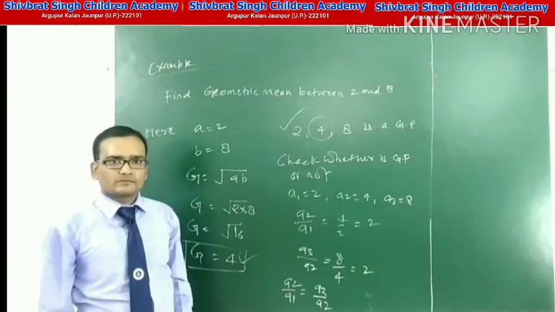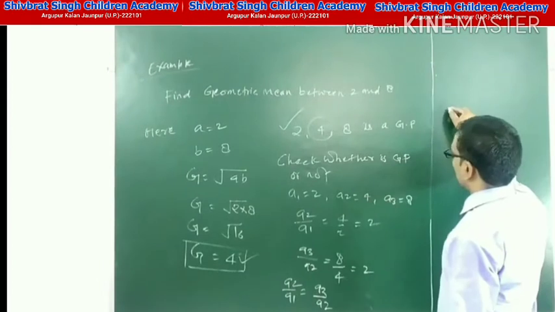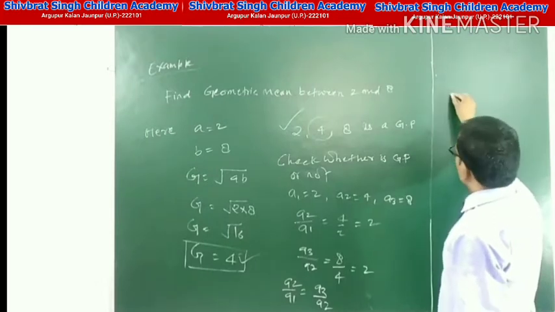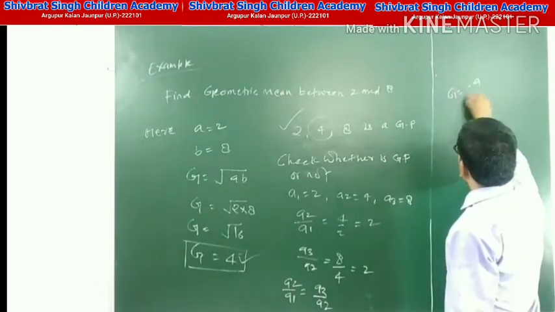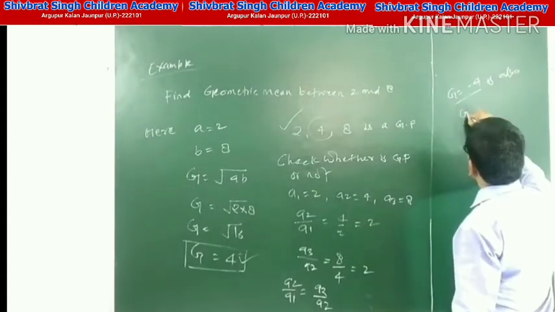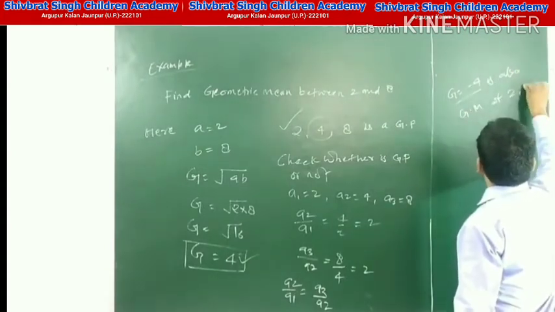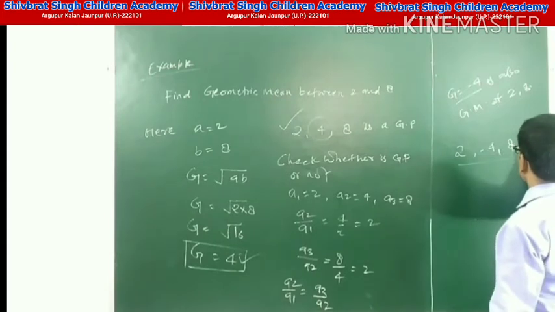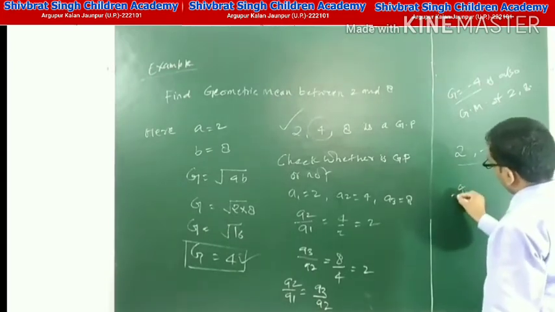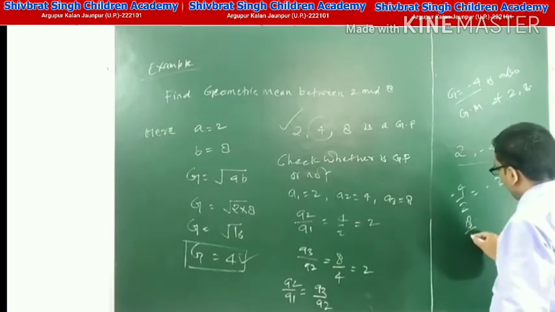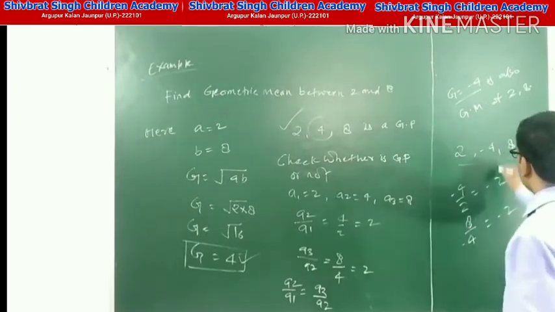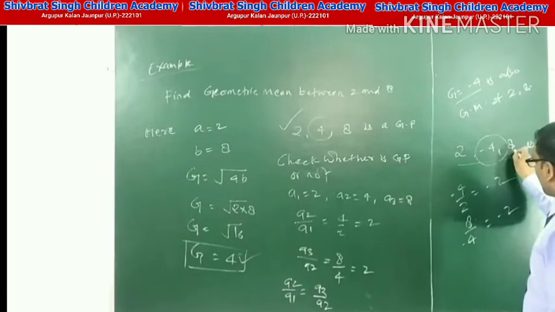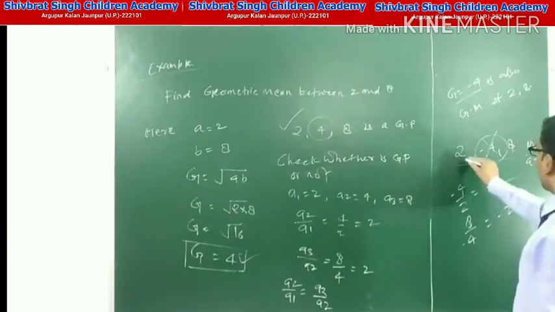Understand, student? Here some student may say G equal to -4 is also a geometric mean of 2 and 8, because 2, -4, 8 is a GP. -4 by 2 equal to -2, 8 by -4 equal to -2, but -4 is not between 2 and 8, so this is not a geometric mean of 2 and 8.